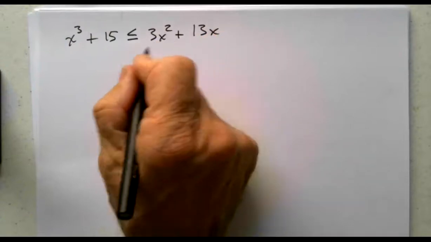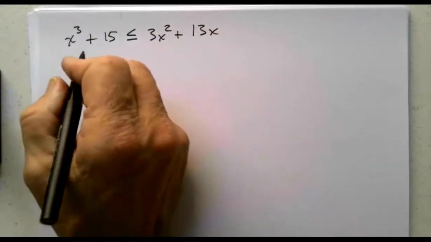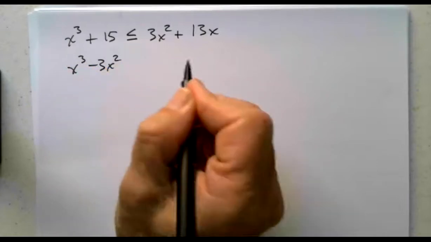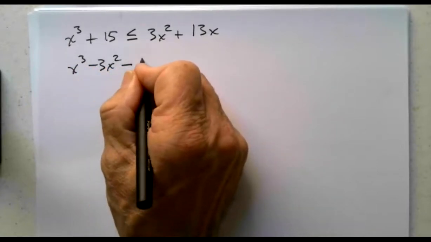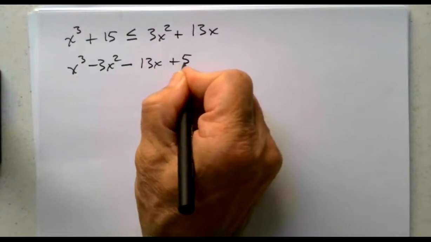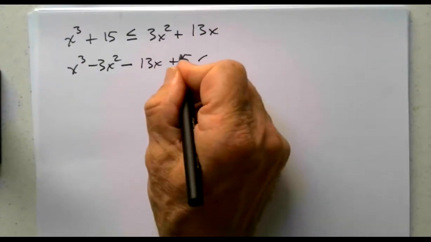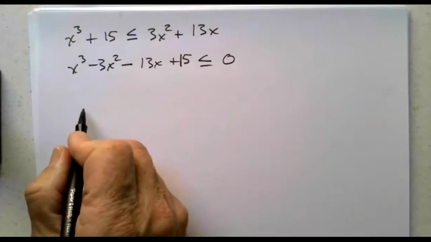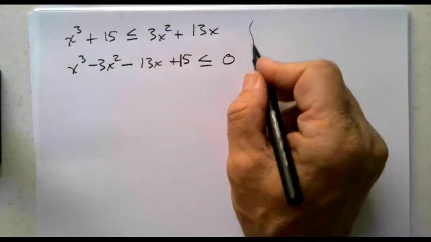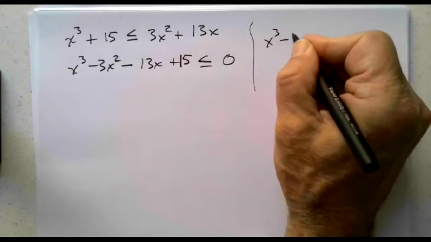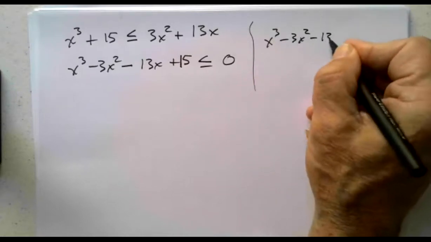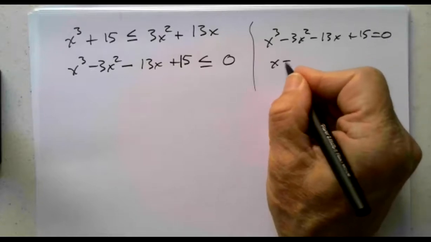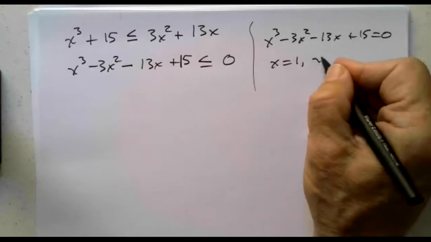And then we rewrote it by subtracting 3x squared and 13x from both sides, and it became x cubed minus 3x squared minus 13x plus 15 is less than or equal to 0. I solved it as an equal. When I solved it as an equal, my answers were 1, 5, and negative 3. The solution set here was x is 1, x is 5, x is negative 3.